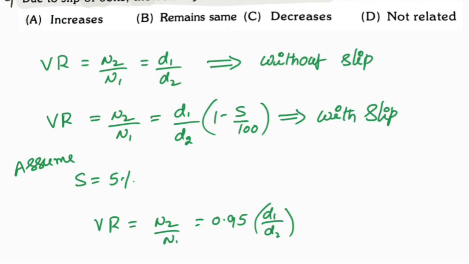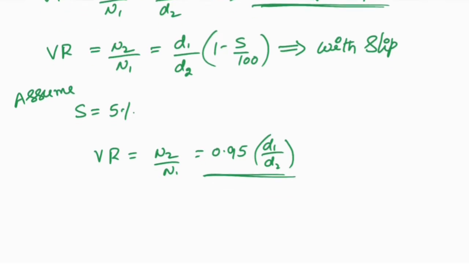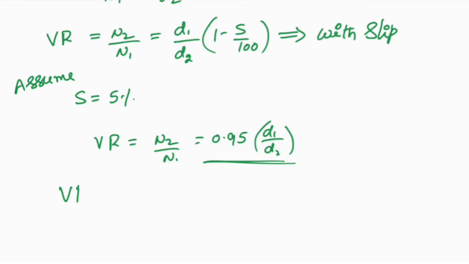Look at the velocity ratio without slip: it is D1 by D2. With slip, it is 0.95 D1 by D2. Therefore, the velocity ratio with slip is always less than the velocity ratio without slip.